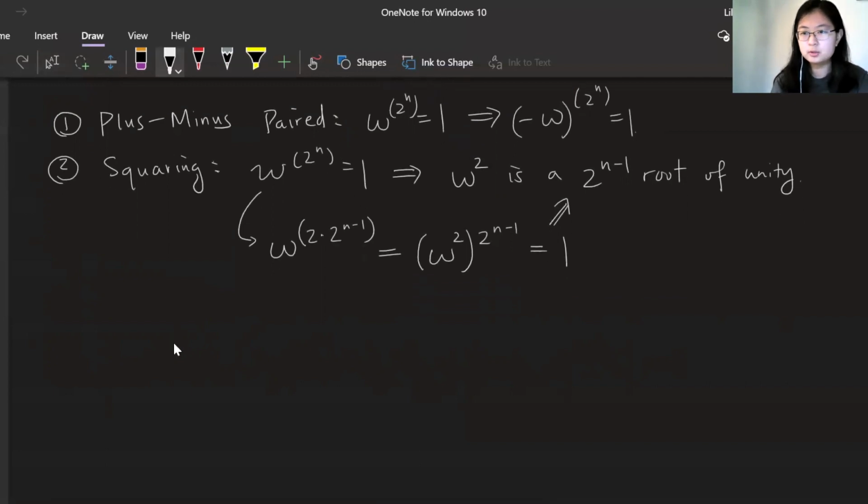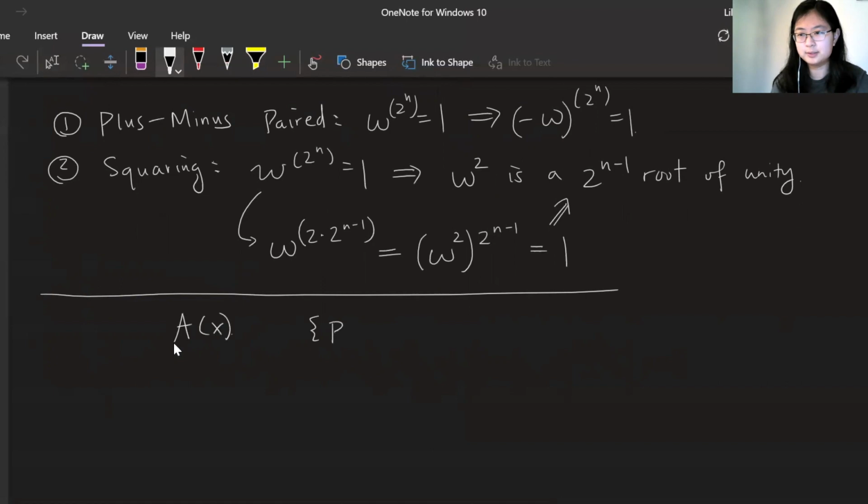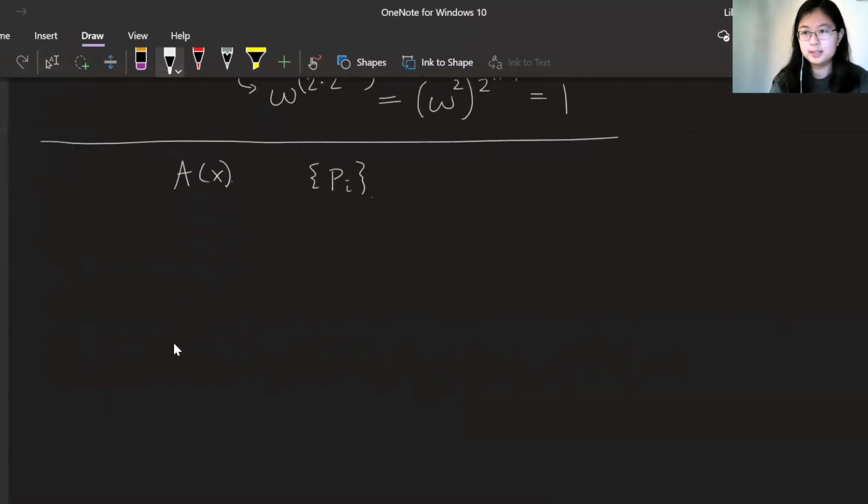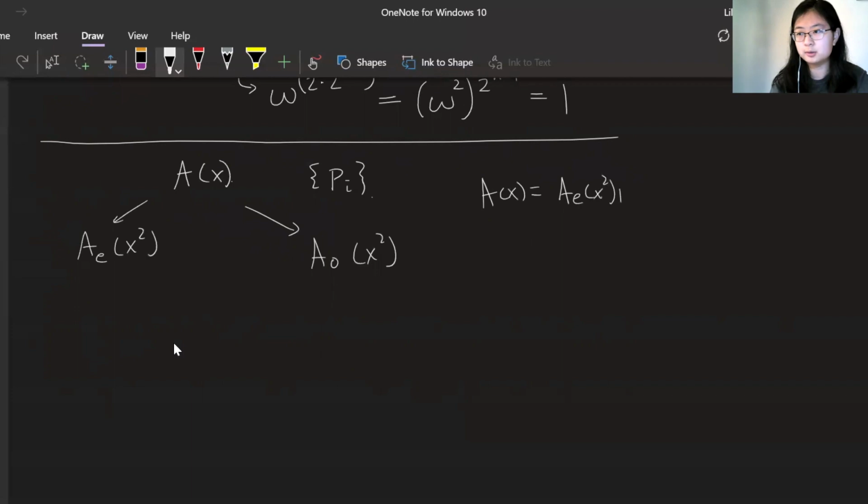We wanted to find a set of numbers to evaluate A of x. We want to find some set of points such that we can plus minus pair them. In his example, we were evaluating the even terms and the odd terms. And just as a reminder, A of x is equal to Ae of x squared plus x times Ao of x squared.